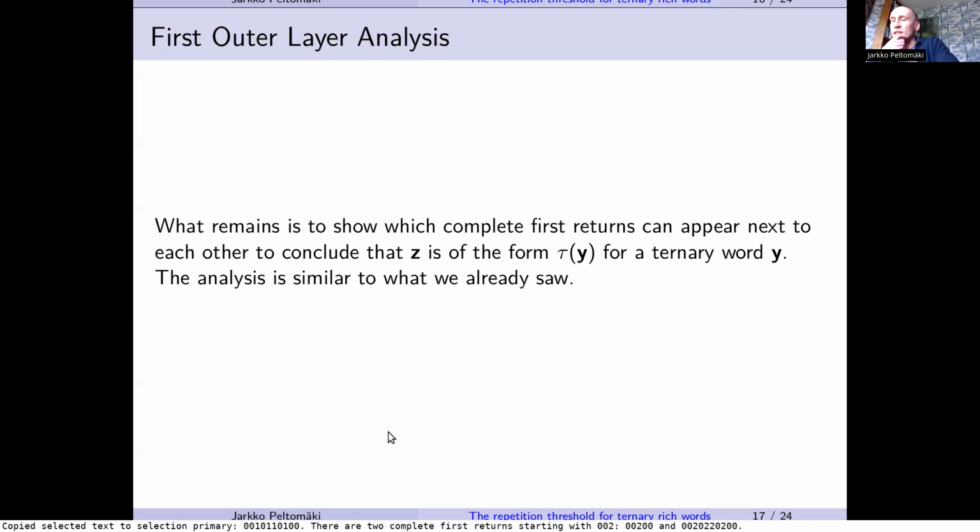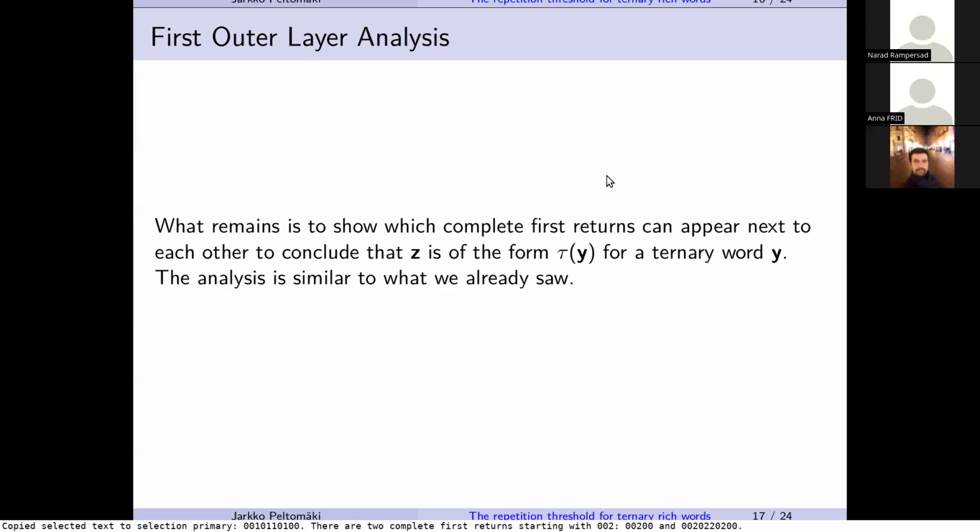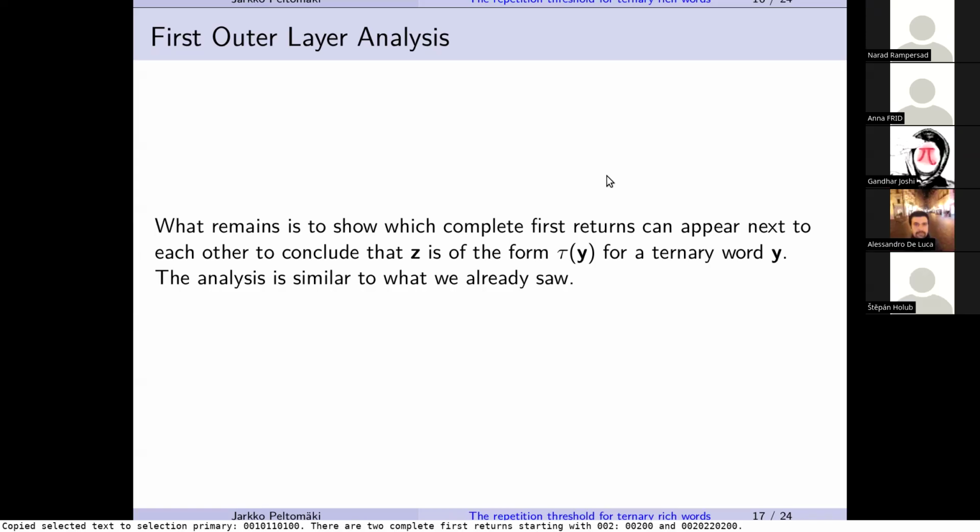But you can imagine that it's more of the same: if I have these two returns next to each other, then I have maybe too large of a repetition, or a backtracking search shows that it's not possible, things like this. This is how it goes, or how you get it started, and then it just gets more complicated.